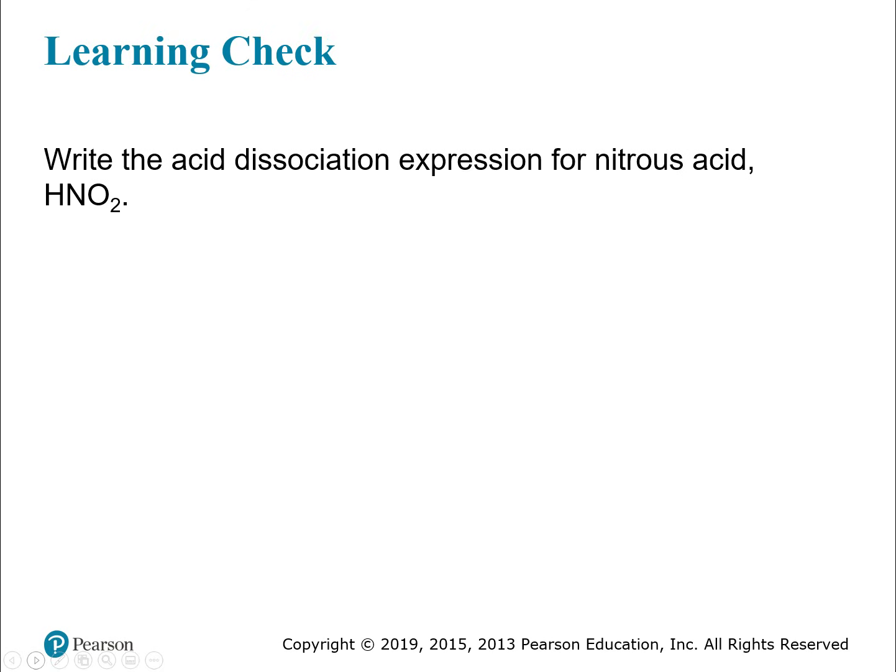So let's do a little practice. We need to write the acid dissociation expression for nitrous acid. Nitrous acid is a weak acid. It does not fully dissociate. That's our acid. It's aqueous, that means dissolved in water.